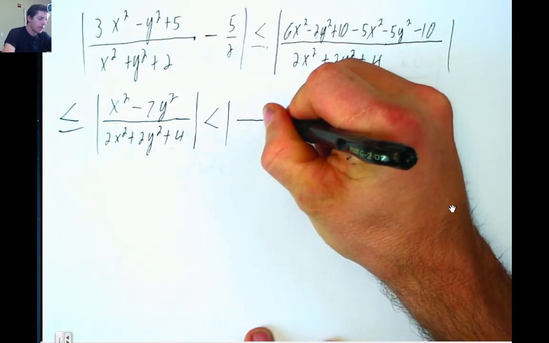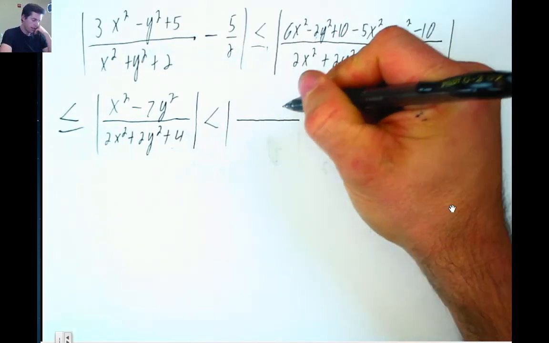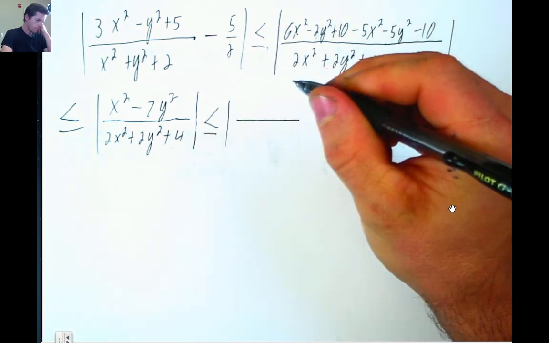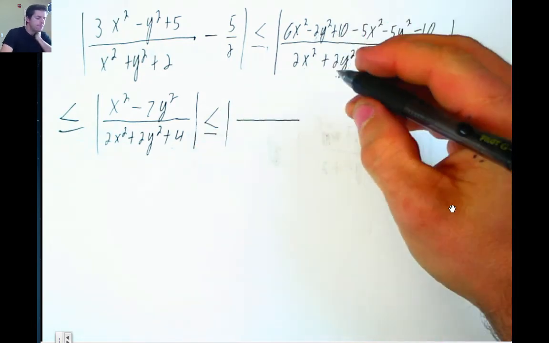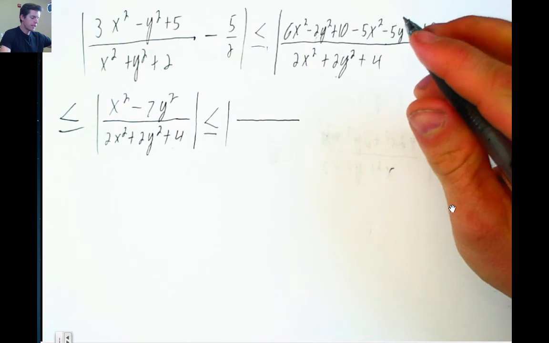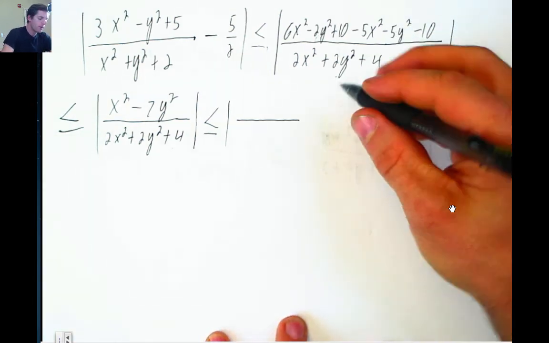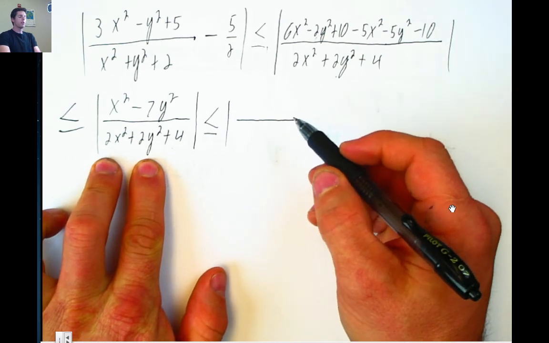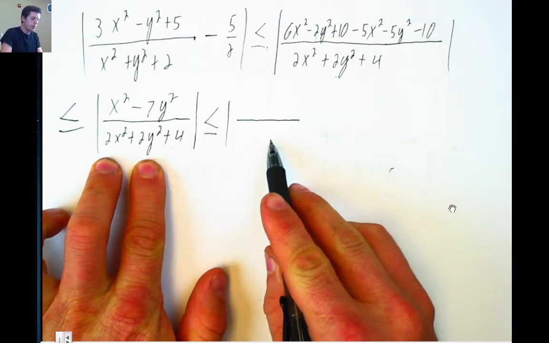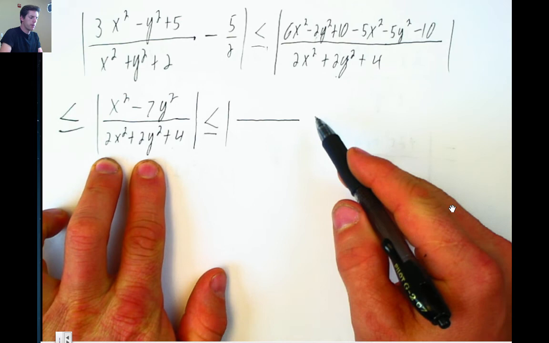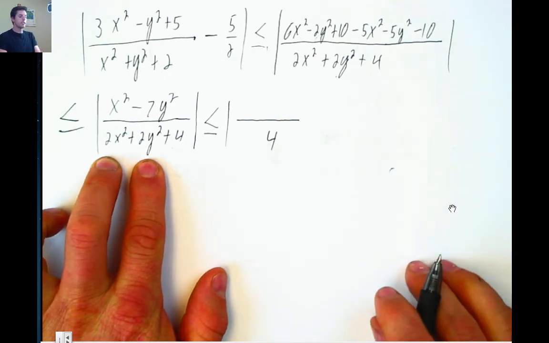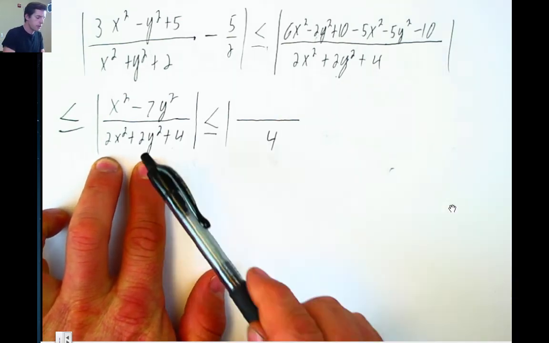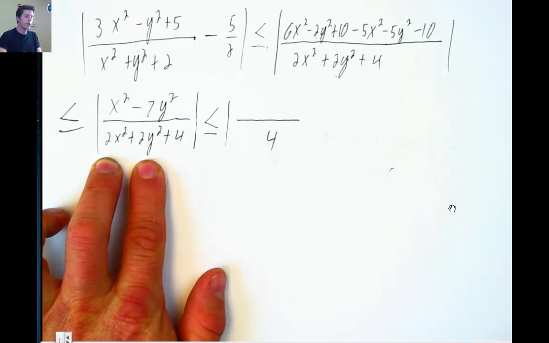However, I'm going to be more ambitious than that. What I will do is, you know what? If I'm going to make a bigger expression, then making the denominator smaller will do it, right? So if I make the denominator here smaller, I'll make the overall thing bigger. I'm just going to delete those two definitely positive terms, 2x squared and 2y squared.